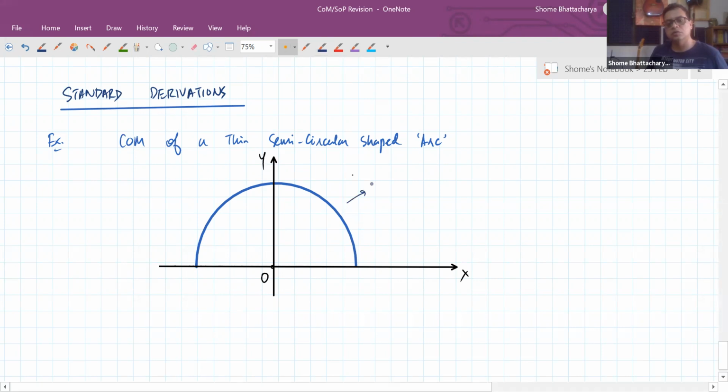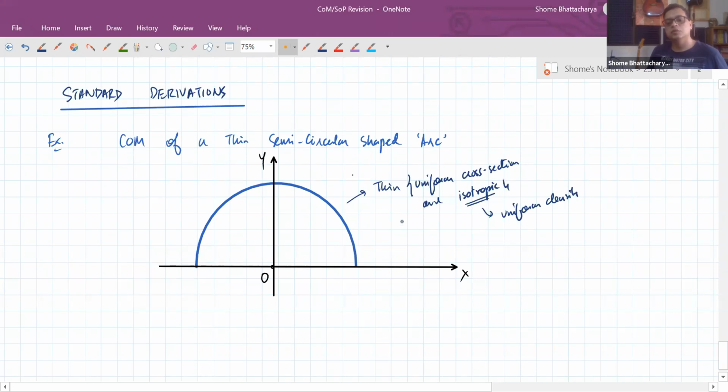So this is a thin uniform cross section and isotropic. So isotropic will mean it has a uniform density.